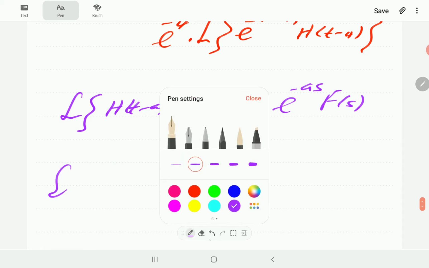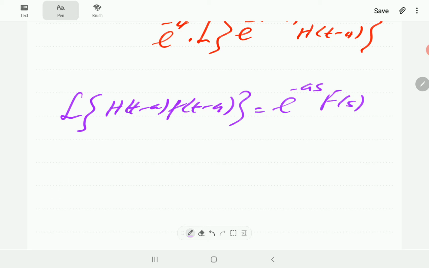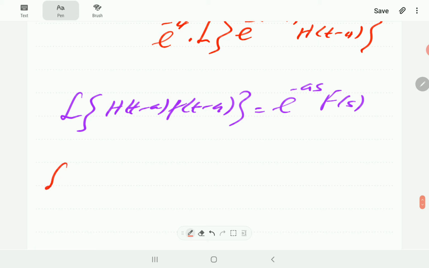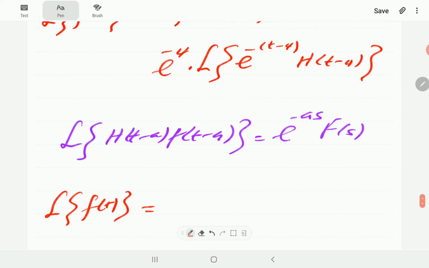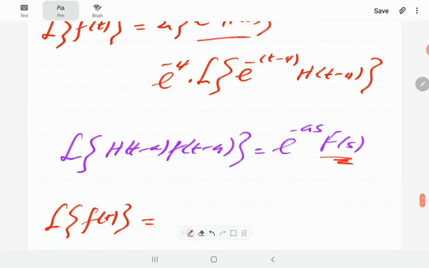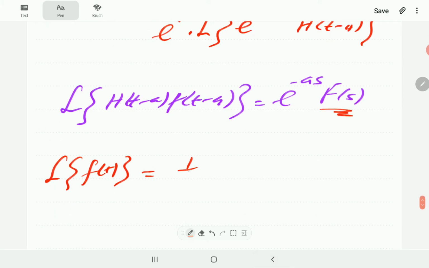So that means in our case, for the first term, a is 0. So that's just going to be the Laplace transform of f of s, because a is 0. The Laplace transform of e to the minus t is simply 1 over s plus 1.